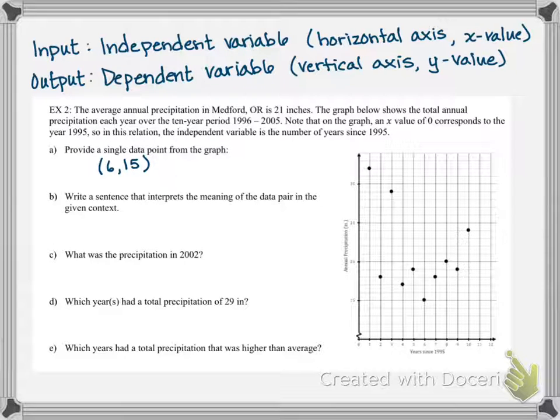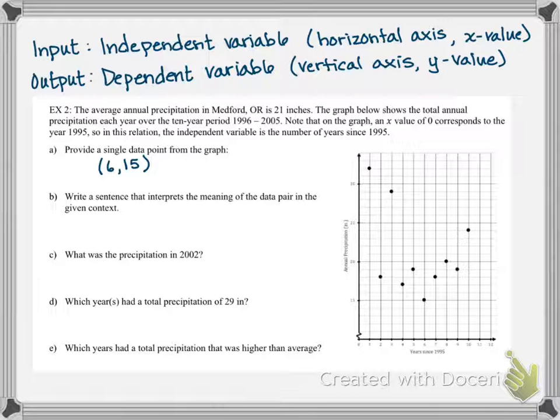One thing that we'll see quite often is this idea of not starting at the year 0, right? Imagine having a graph that started at the year 0 and then we didn't start measuring precipitation until the year 1996. We'd have this big, humongous gap, and then this tiny bit of information.